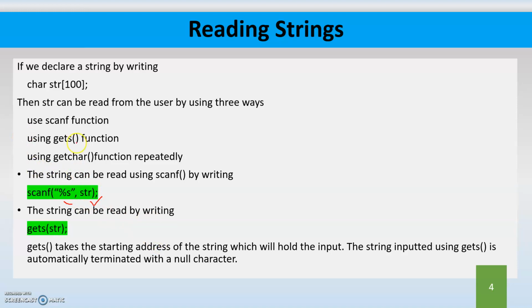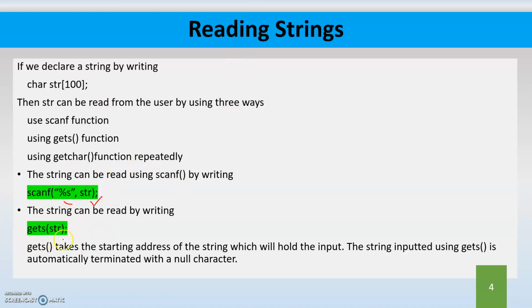But here you can look, when you declare a variable like an integer, float, or a character, you know that we have to use %f or %d or %c with an ampersand sign. Ampersand gives the address of the variable, but in the case of a string, we do not provide any address here.